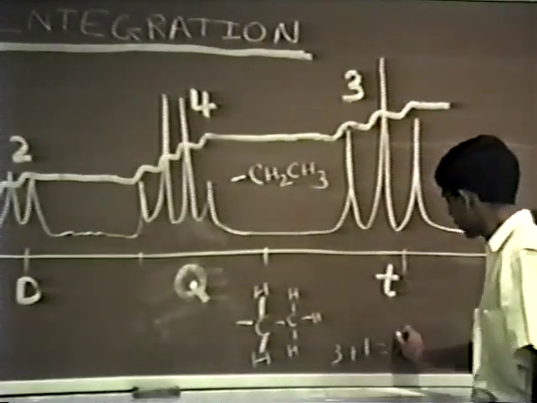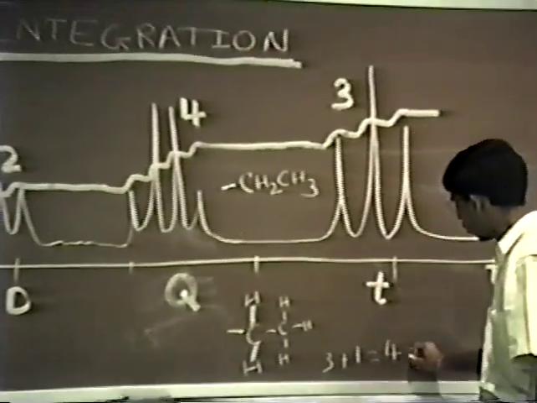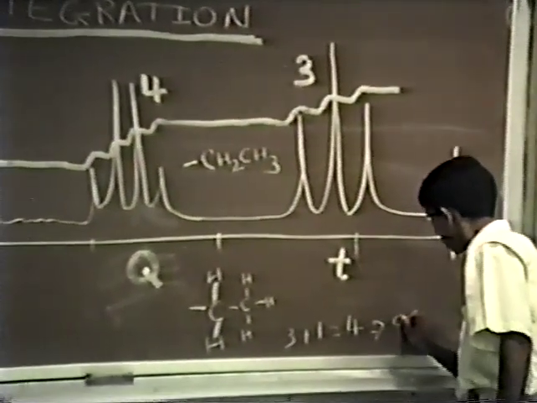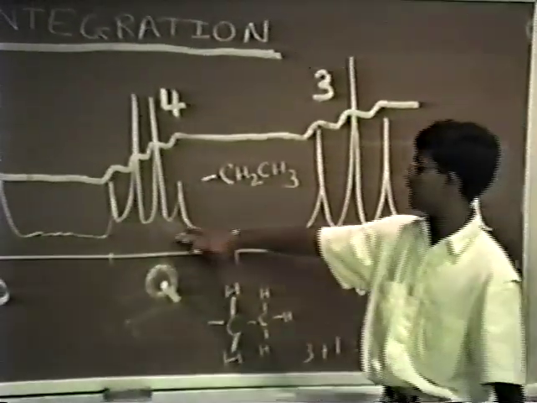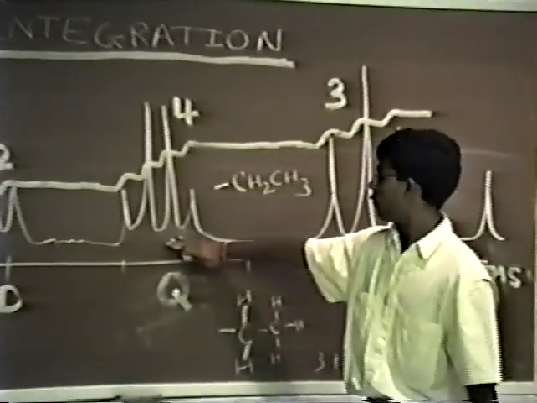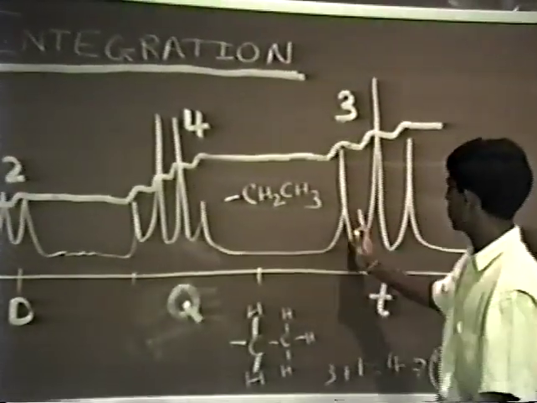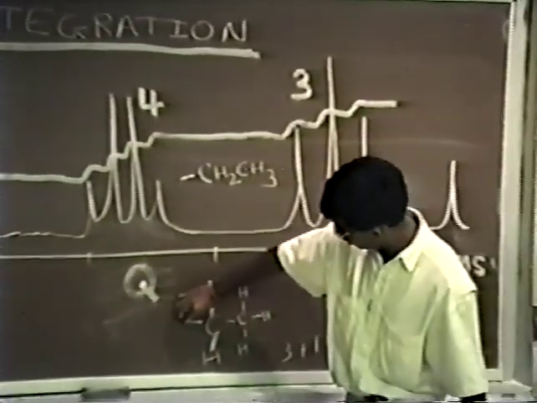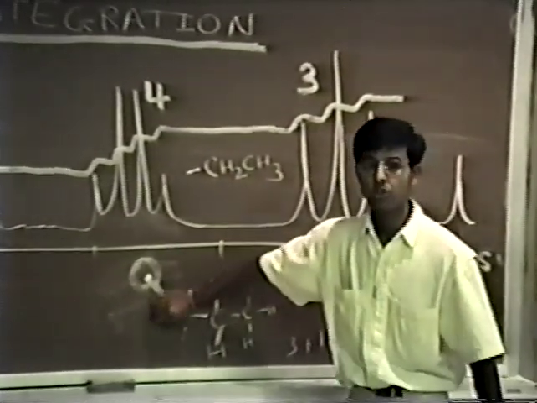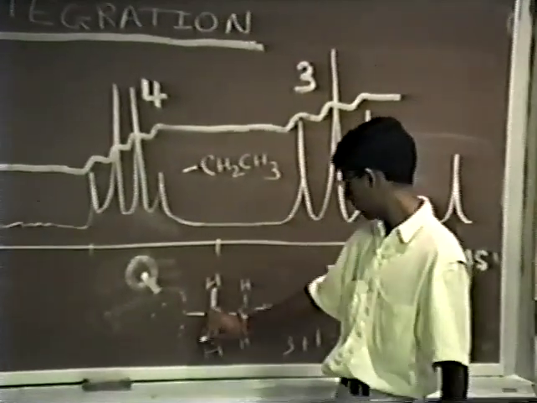That's N plus 1 equals 4. A 4 is a quartet. Q, the letter Q. That is represented here. Why, you might ask, is it more downfield than this peak? Well, because this carbon has other substituents to which it is bonded.